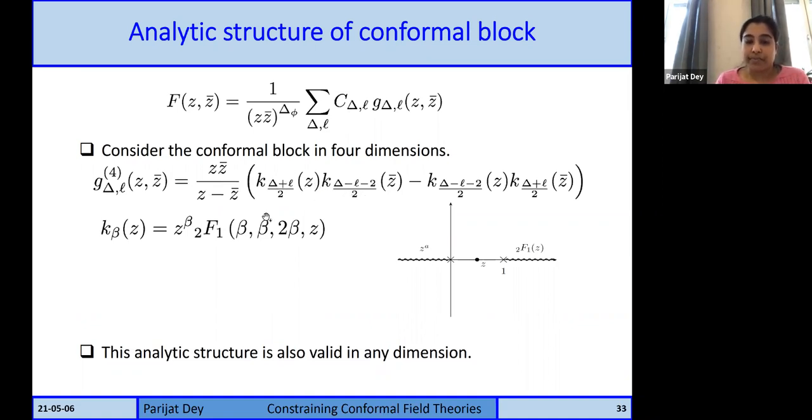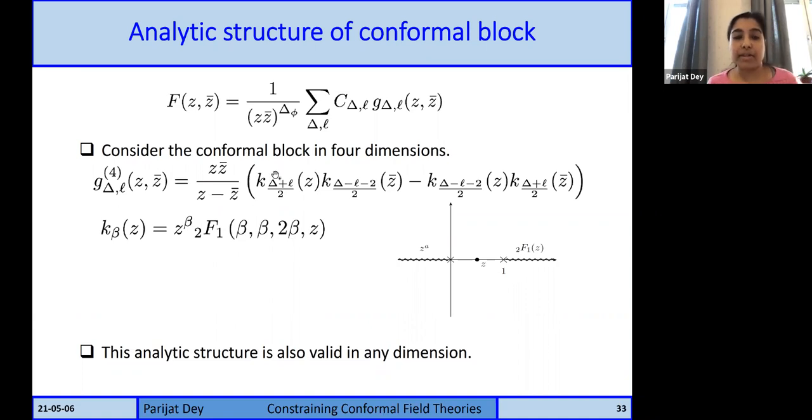This is a hypergeometric function times some exponent. In the z variable, this exponent z power beta has a branch cut when z is negative. This is the branch cut that comes from z power beta. And the hypergeometric function has a branch cut when z is greater than 1. So these are the 2 branch cut structures that we have in the variable z.